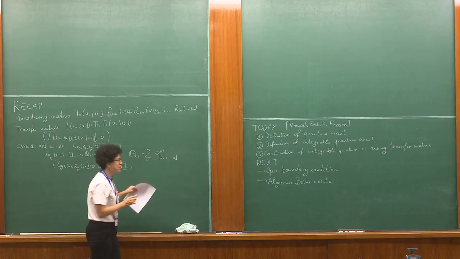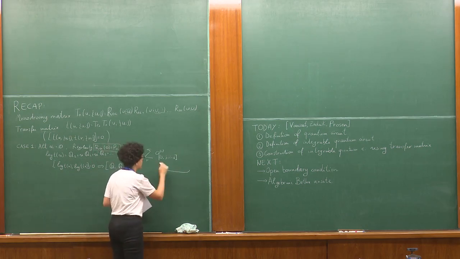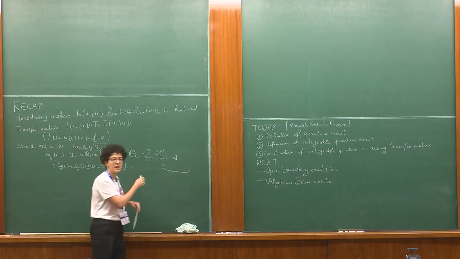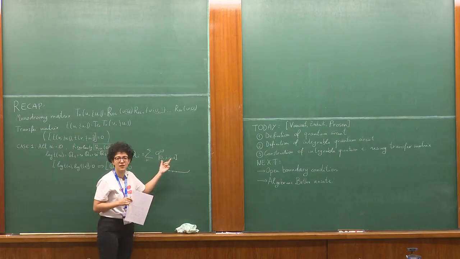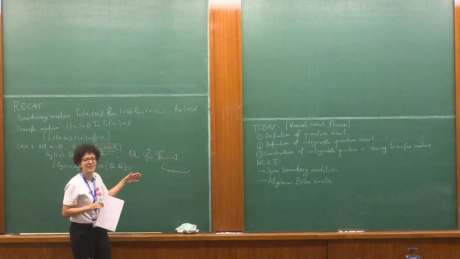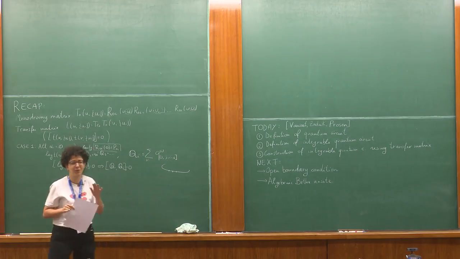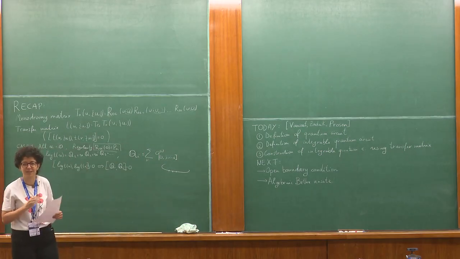What I mean by this notation is really that if it's Q3, then it will only act on 3 sites of the chain, Q4 on 4 sites, and so on. This will be my shorthand notation, because for Q7 I would have to write up to 7. I'm not going to write all these charges, but just in case.